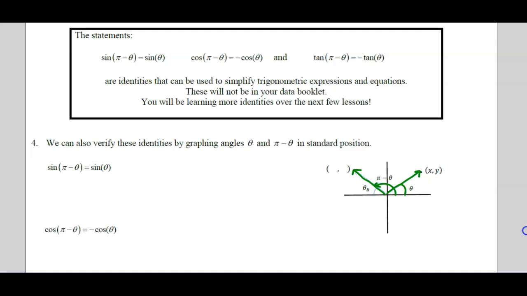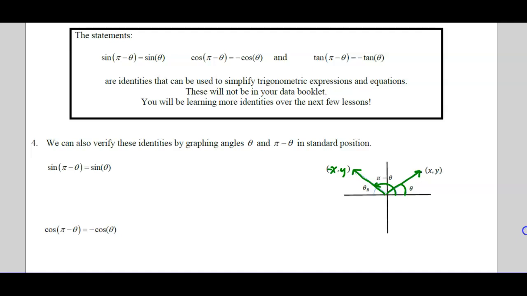So if that point is xy, what are the coordinates of this point over here? Negative xy. Okay. So all that it is a reflection, right? The x has changed sign, y is the same.